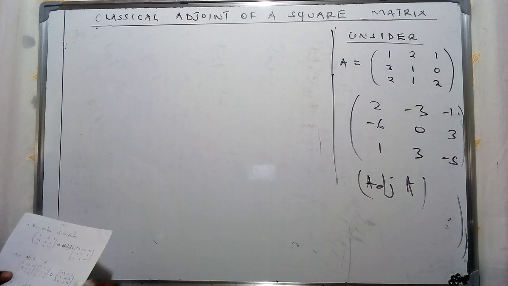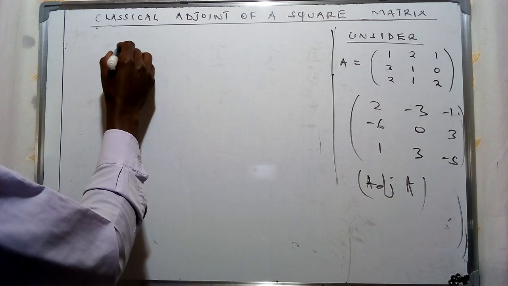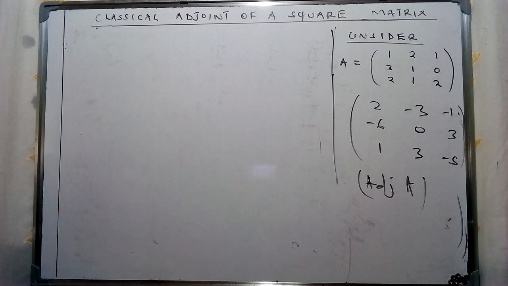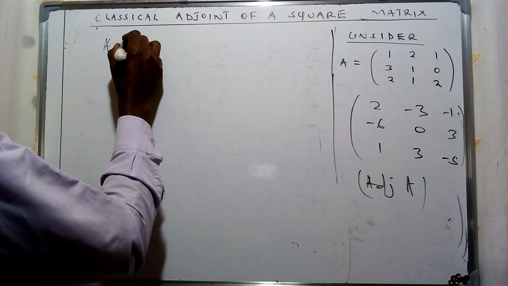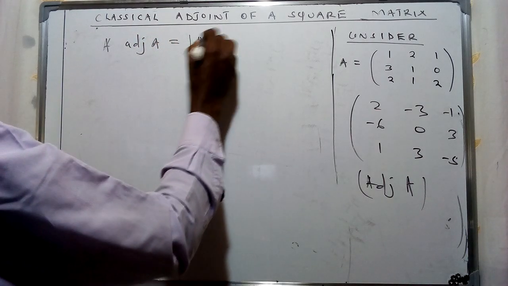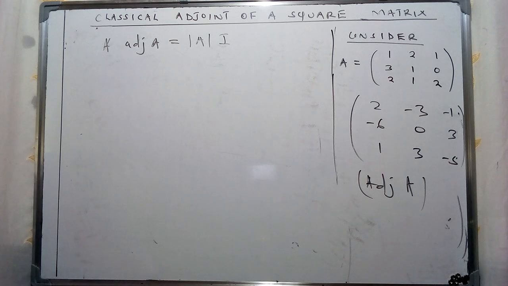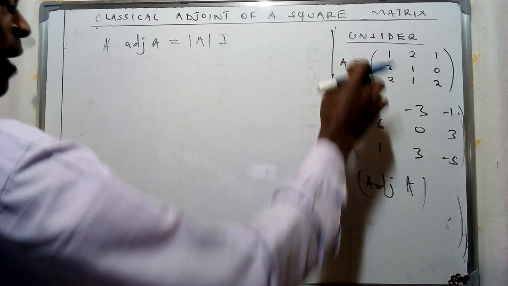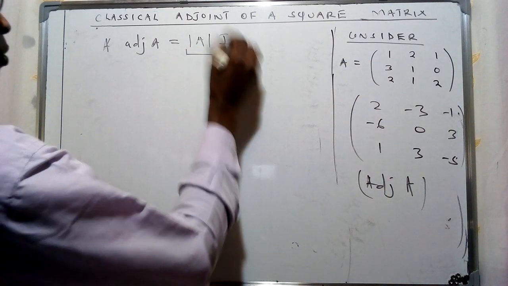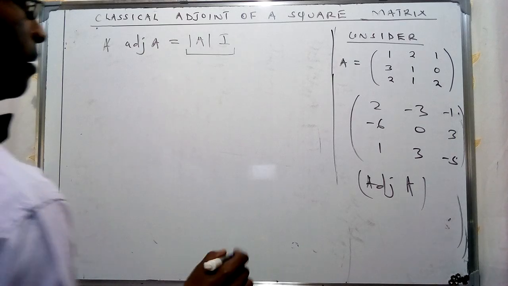We're going to use this relationship whereby if we have a matrix represented as this, A times the classical adjoint over A is equivalent to the identity of that specific matrix and the determinant. So let's look at a case whereby we have A and the classical adjoint, and see whether the two give us the determinant and identity.